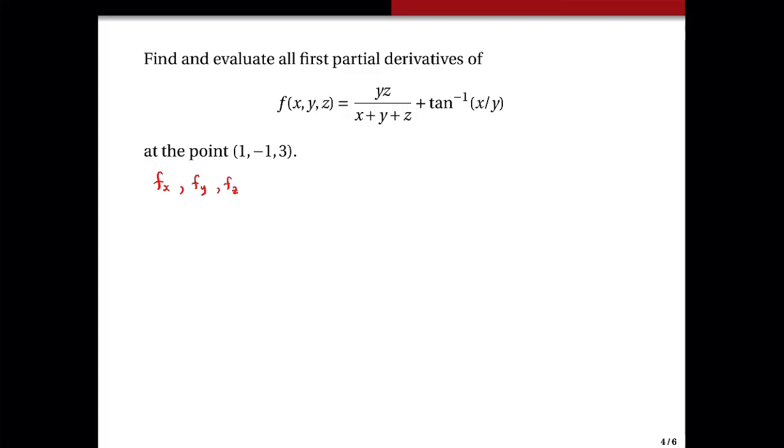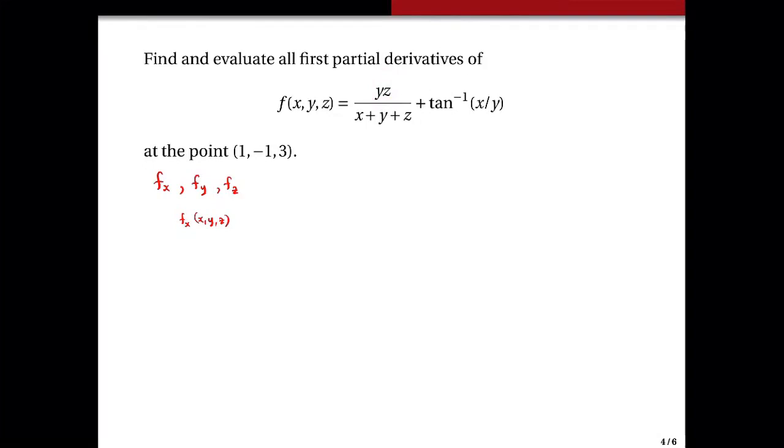So let's start with f sub x. f sub x is the partial derivative with respect to x. In this, yz will be treated as constant.